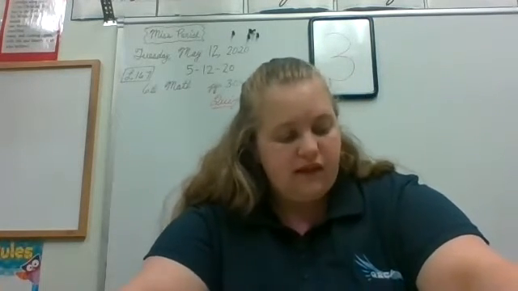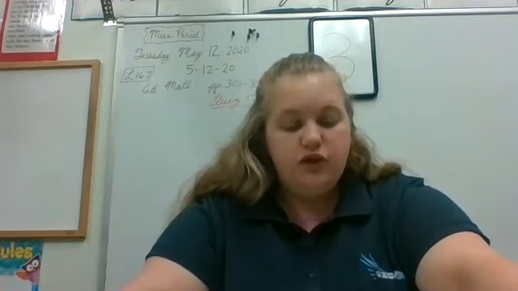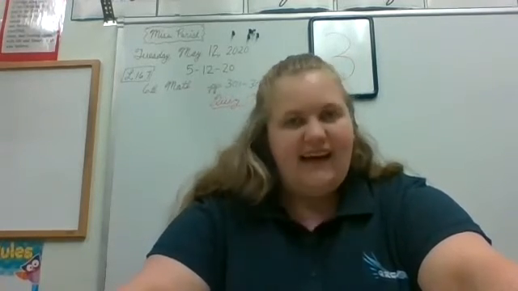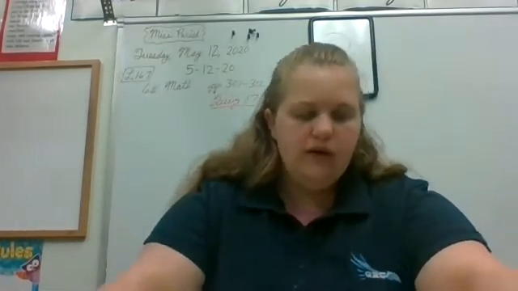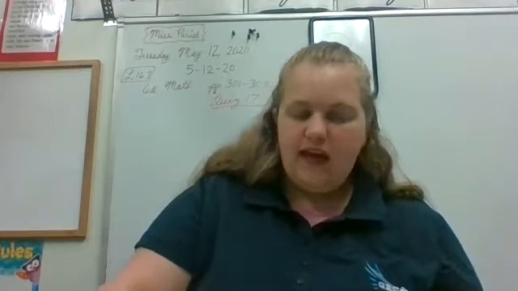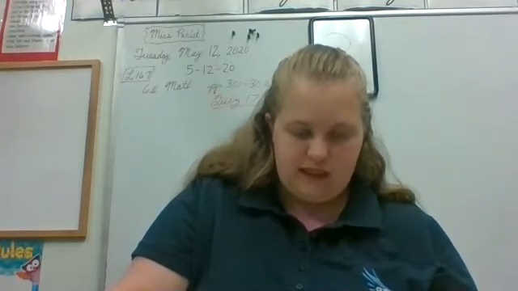The same thing as we did with electricity. If it's between two numbers, you go with the lower number, okay? So you see it's between the 7 and the 8, so it's 7. It's between the 8 and the 9, it's 8. It's between the 2 and the 3, it's 2.